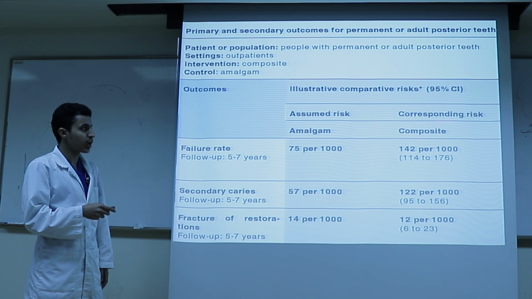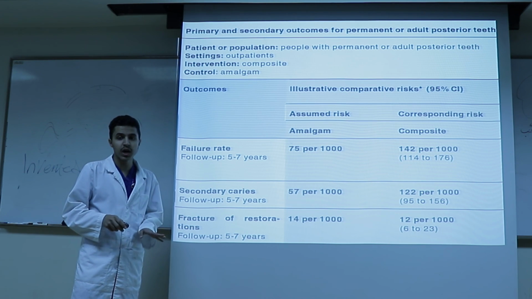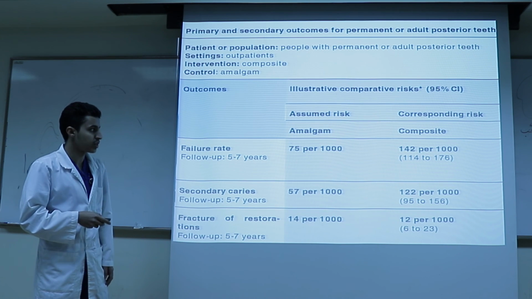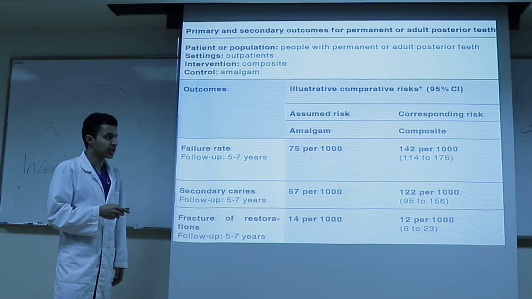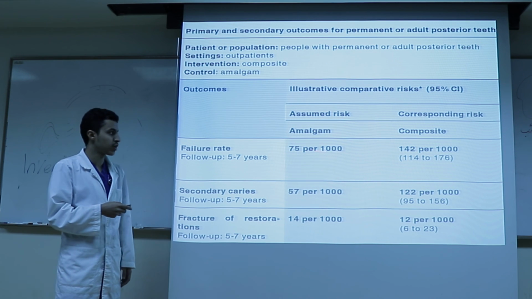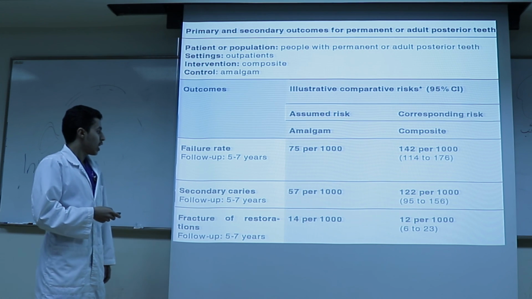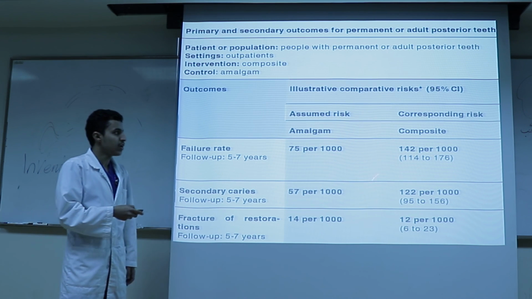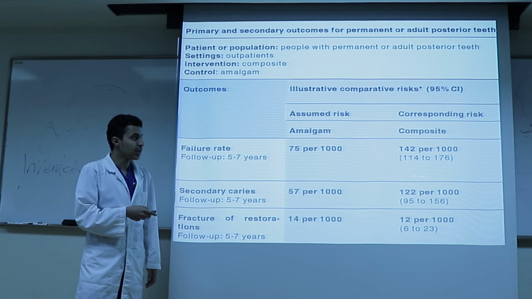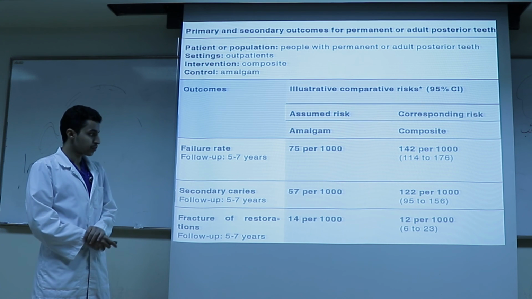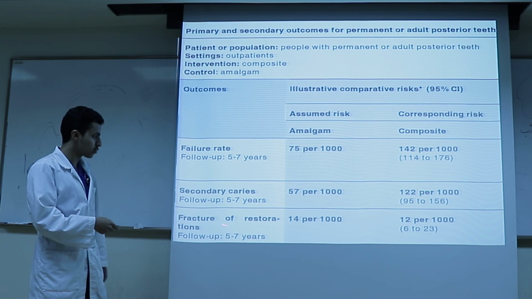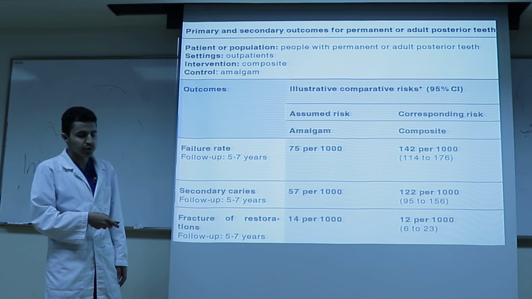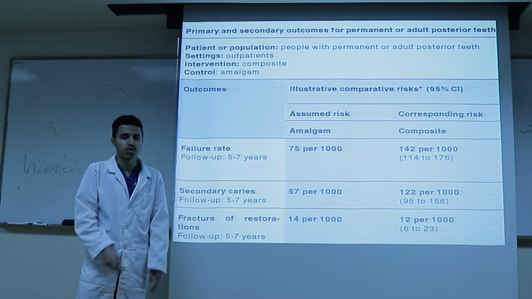On the other hand, with composite, 142 restorations failed per 1,000. We can see it is double the number of amalgam. For the causes, secondary caries was mainly in composite restorations. For fracture of the restoration, we can say it is more in amalgam than composite, which is slightly more, not too much.